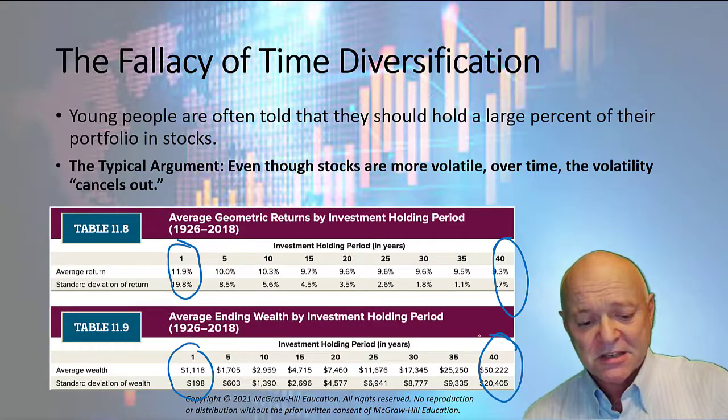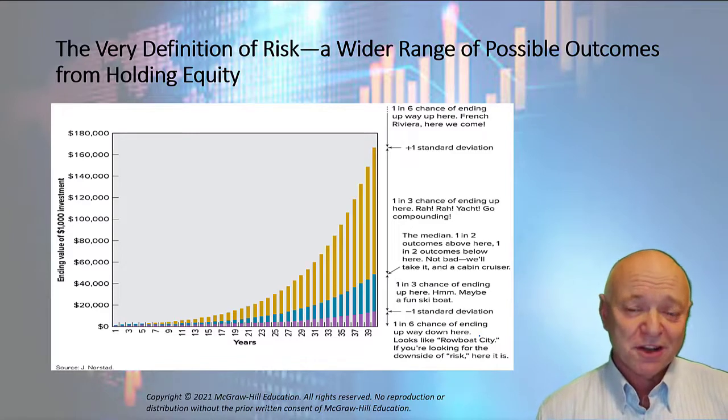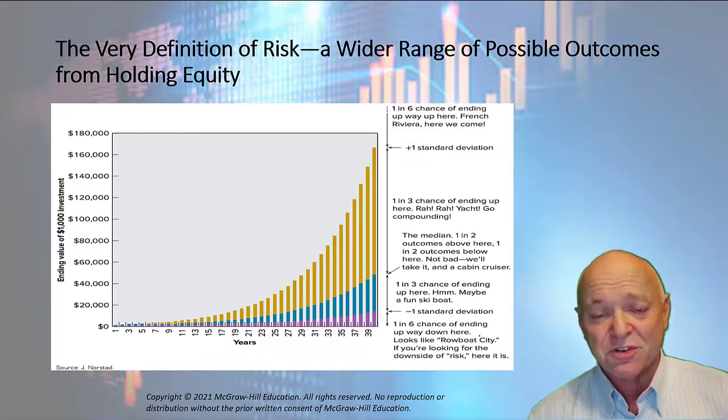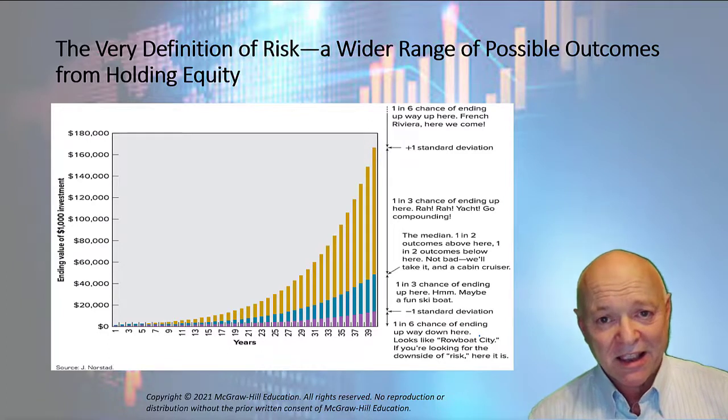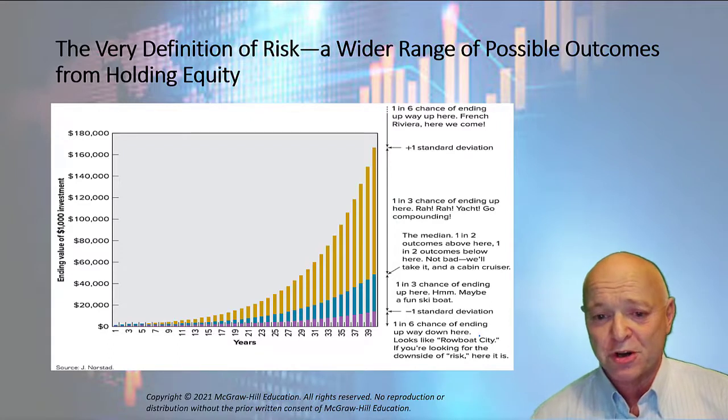Now, does this actually mean that young investors should not invest in equities? Well, young investors are equally likely to lose money in the long term, as shown by this chart.